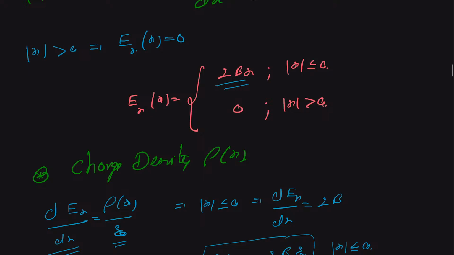Therefore we can say that, suppose this is our minus a and this is our plus a, the value of this electric field will go something like this, and beyond this value it will be equal to 0. So this is our graphical representation if you are supposed to find it out.